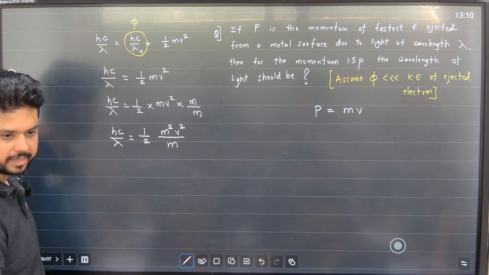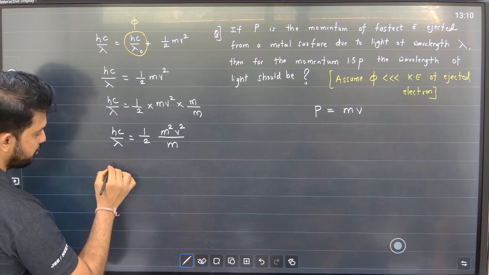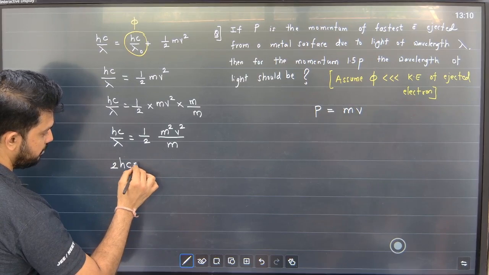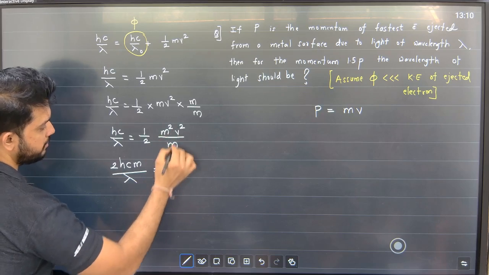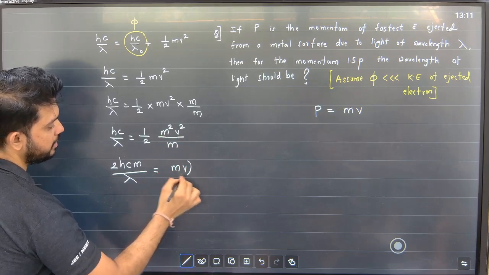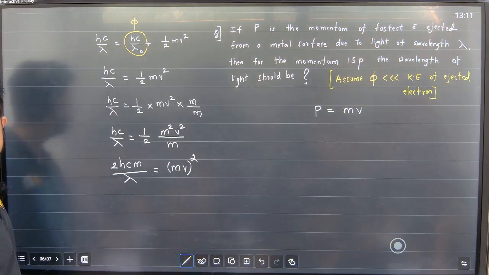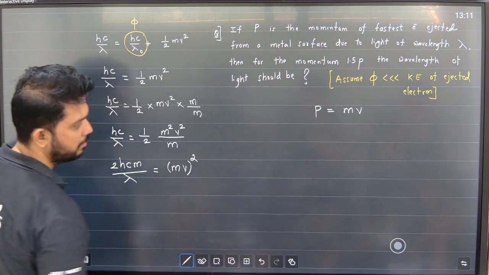Anyone who did not get that, what did I do? 2m, I take it to the left. So what do we get? 2 hcm over lambda is equal to m square v square. Can I write it as (mv) the whole square? And what is mv, people? Momentum.